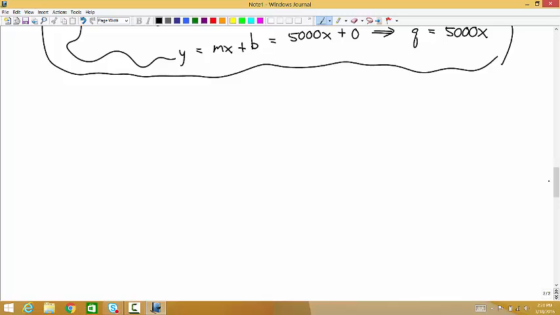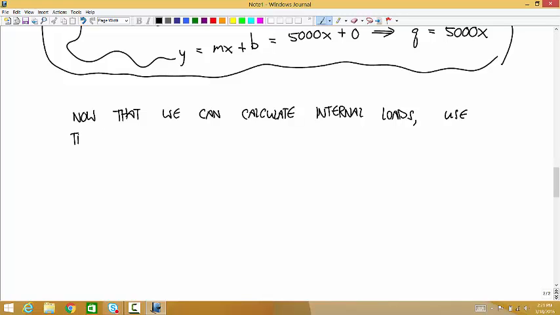So now that we can calculate internal loads, we're going to use them to calculate stresses.